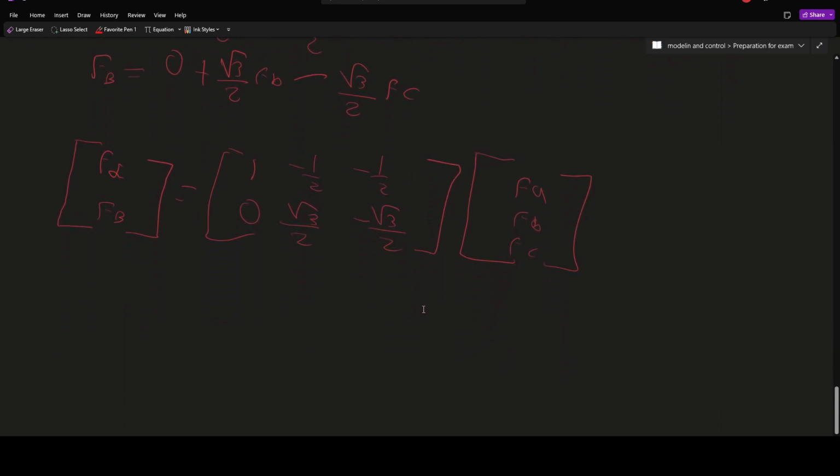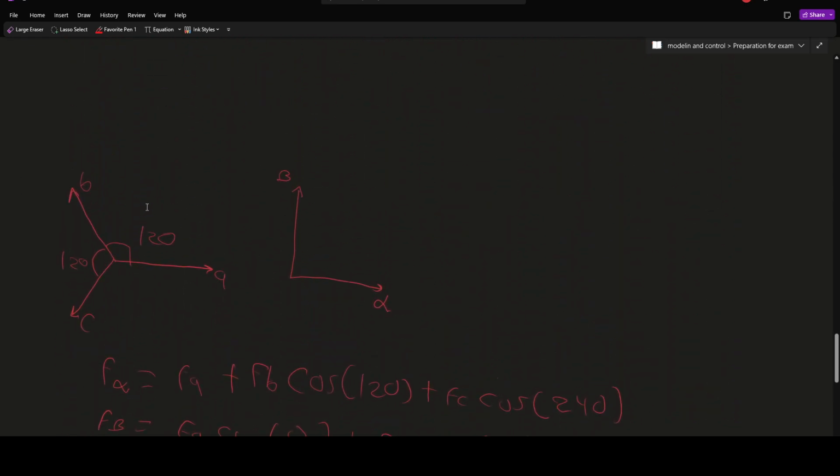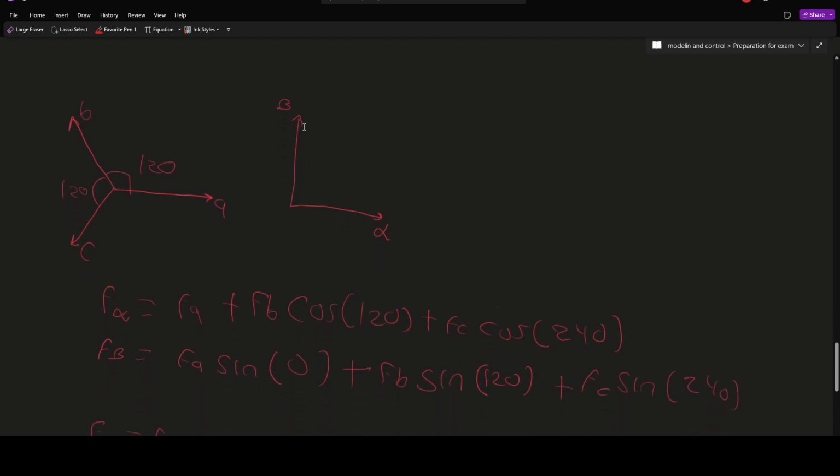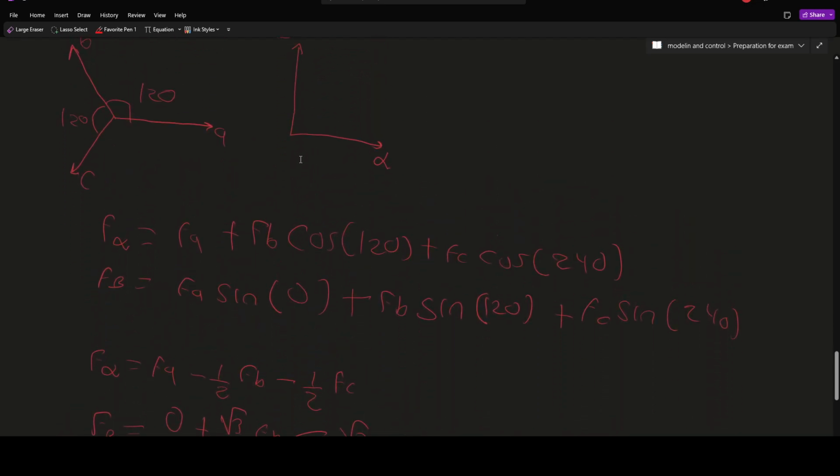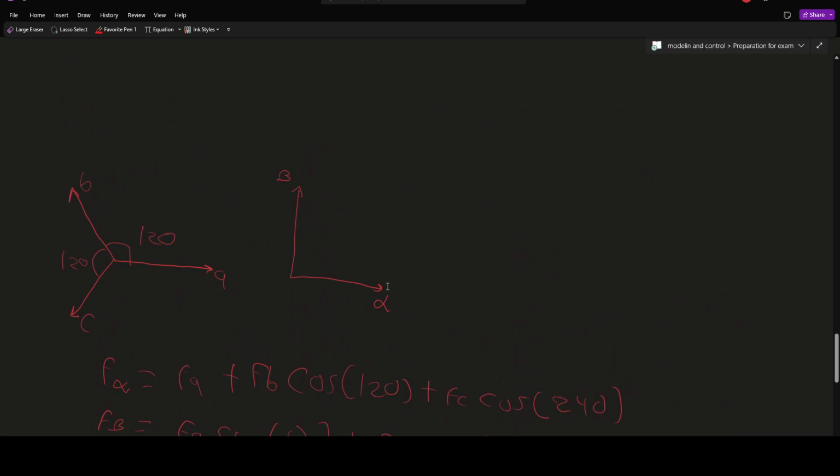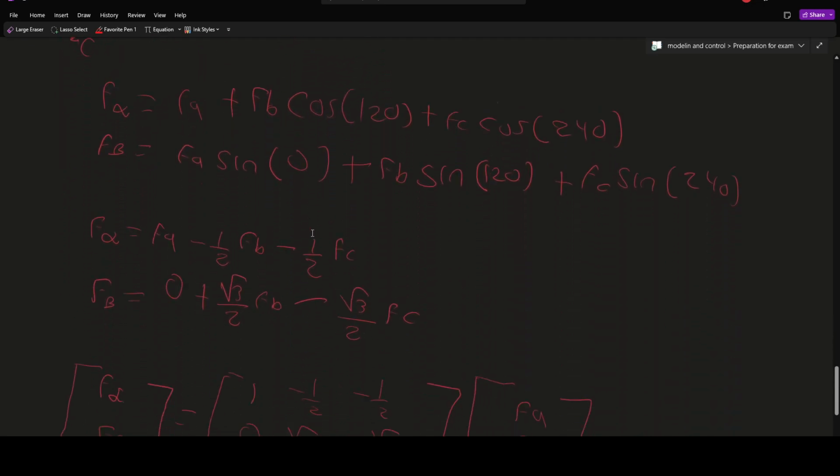So this is how we go from a three-phase to a two-phase reference frame.